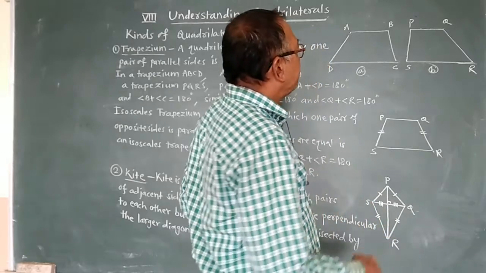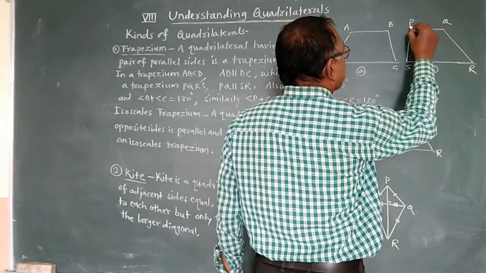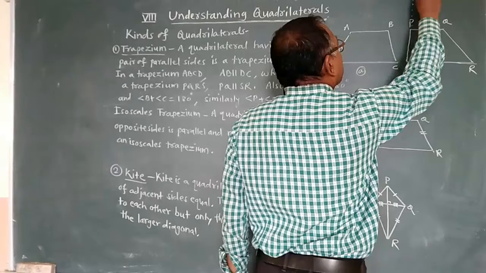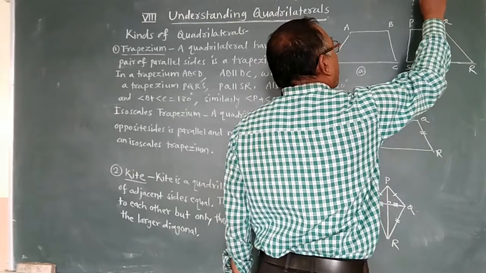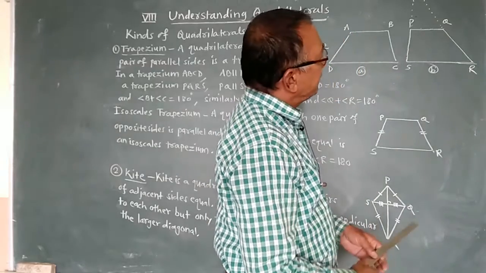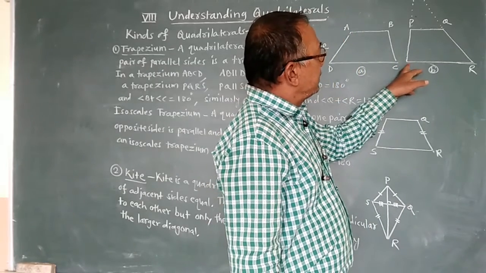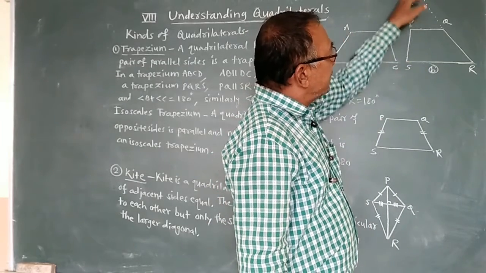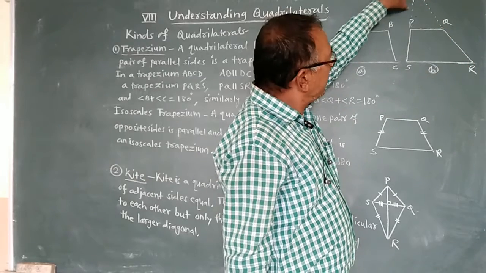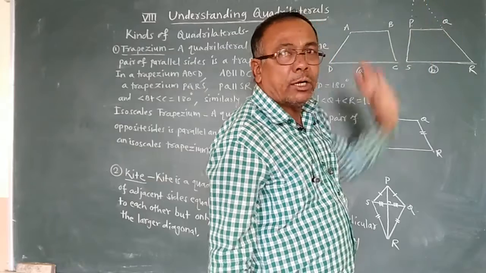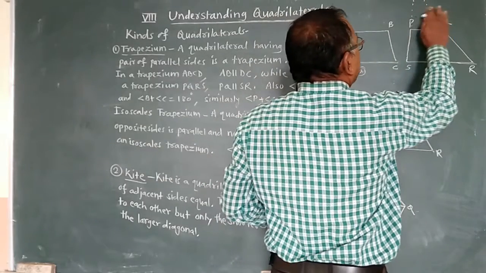If we produce SP, similarly RQ, then we see that the sides SP and RQ are intersecting, and therefore these two sides are not parallel to each other.